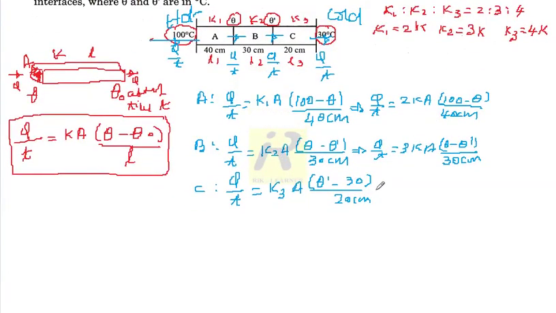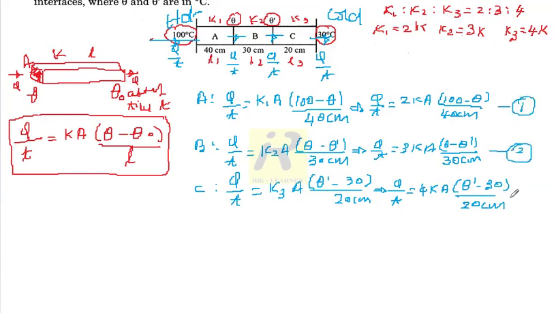Further, I have to write one more equation for C: Q divided by T equals 4K into A into (theta dash minus 30), divided by 20 centimeter. I am calling these equation 1, equation 2 and equation 3.